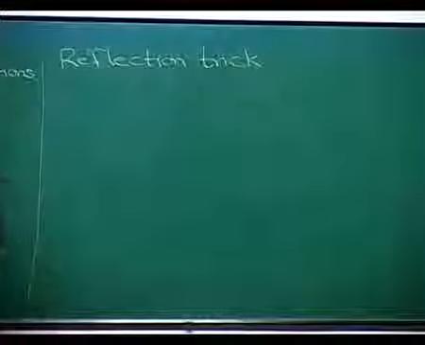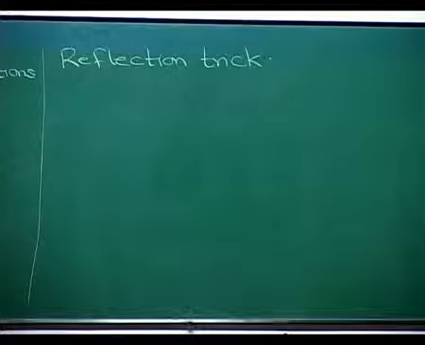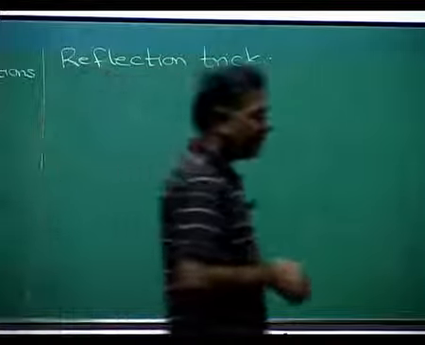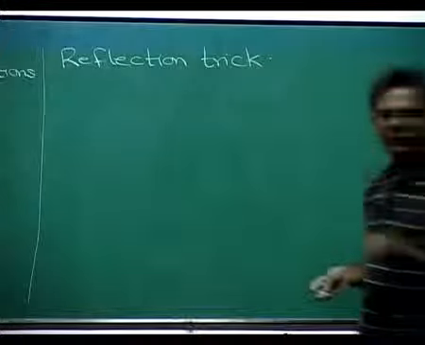Okay, so what are we trying to count? We are trying to count all paths from 0, 0 up to the point n, n, and we are trying to count those paths which stay on or above the diagonal. So if you want to count that, a natural way would be to take all paths first of all and then remove those that violate your condition, right?